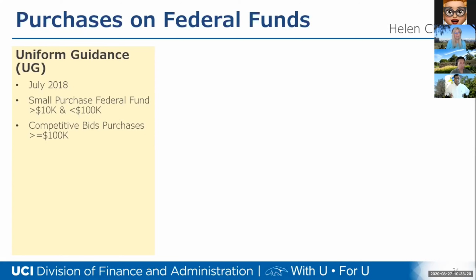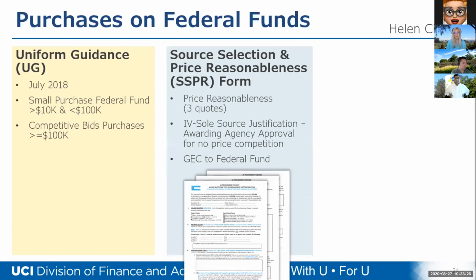At the university, we post the SSPR form, source selection and price reasonableness form. Price reasonableness is the key factor in whether we can purchase the item from a certain vendor.